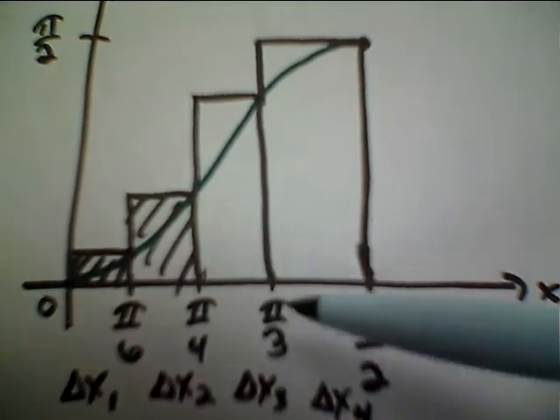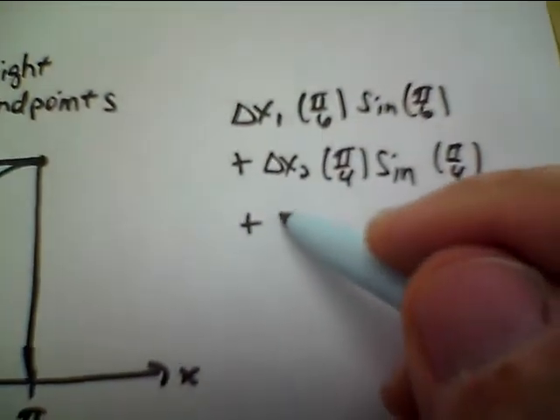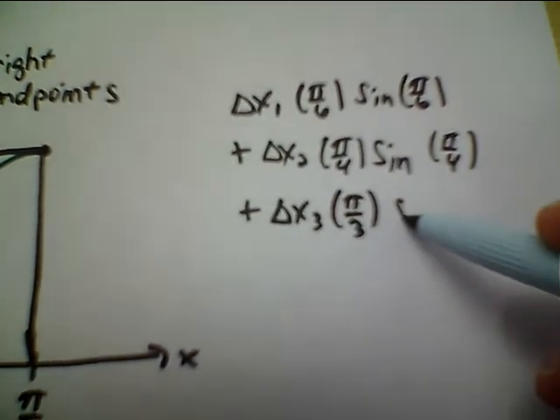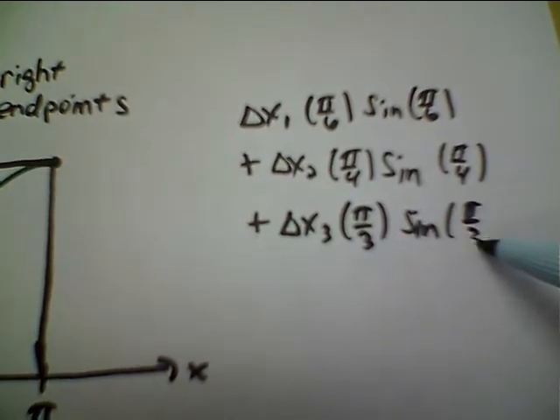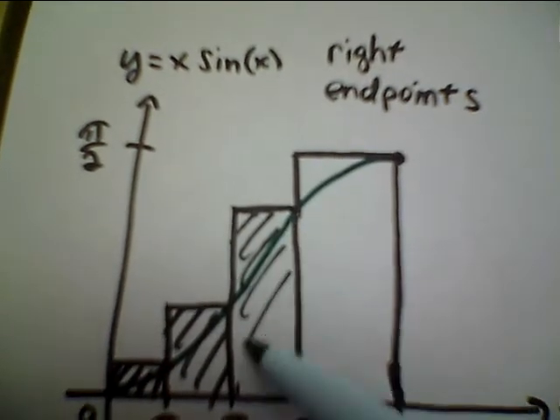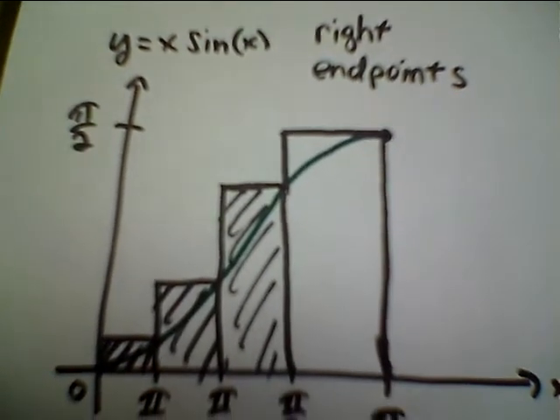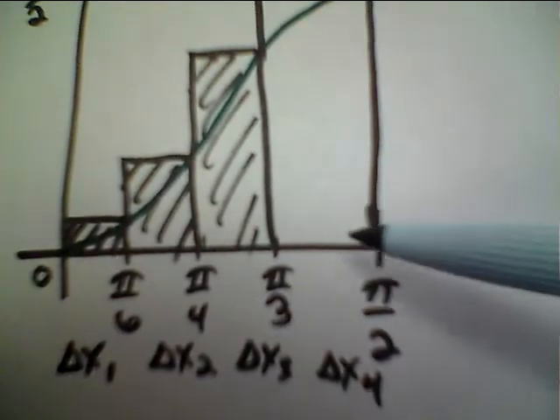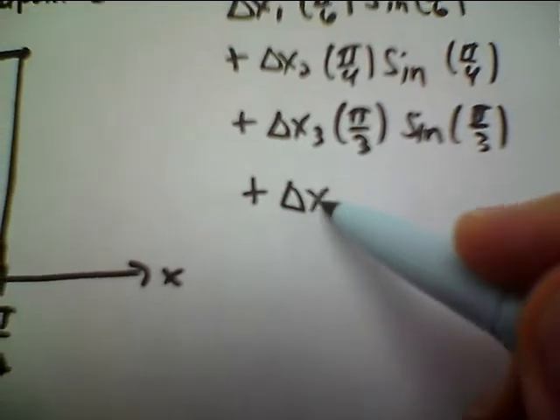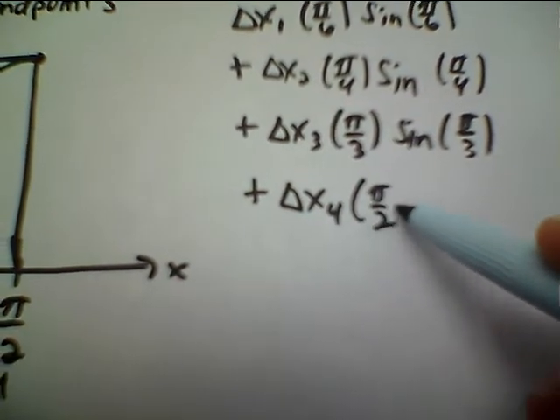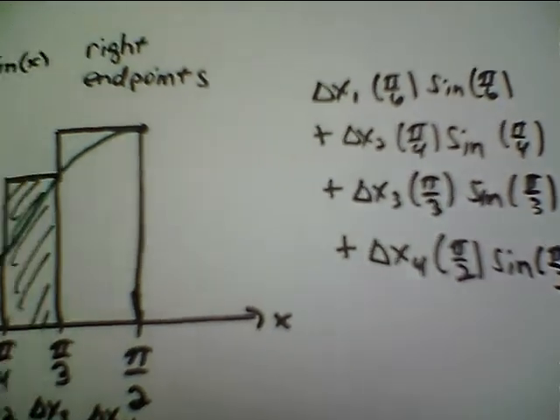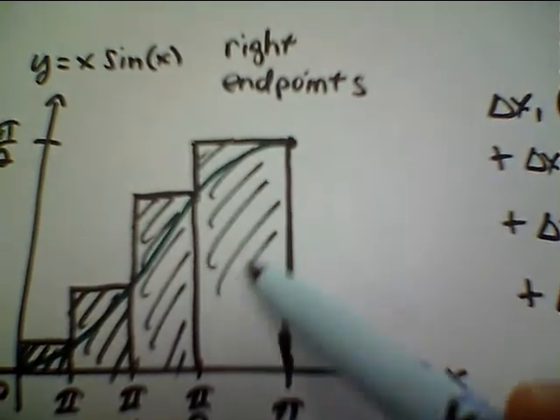That's delta x3 times the function evaluated at pi over 3. Plus, now we need the area of this rectangle. That's delta x4, the base, times the function evaluated at pi over 2. And that gives us the area of this rectangle.